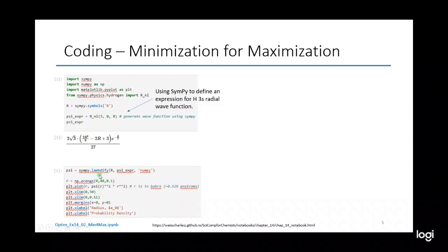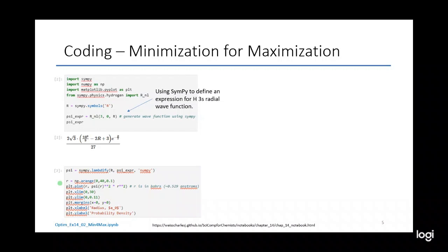Next, we use the lambdify function to convert our symbolic SymPy expression into a regular Python function. In this case, we pass three arguments: R as the input variable, psi_expr as the equation, and NumPy as the module to handle array-based calculations.